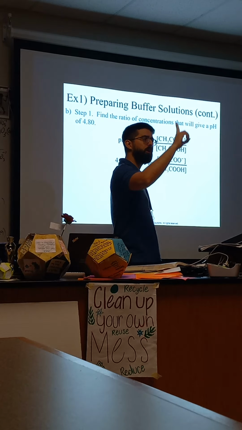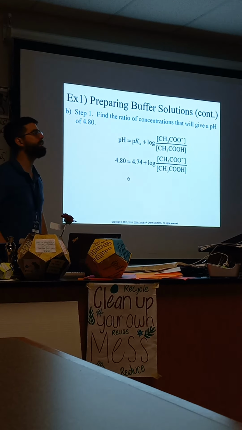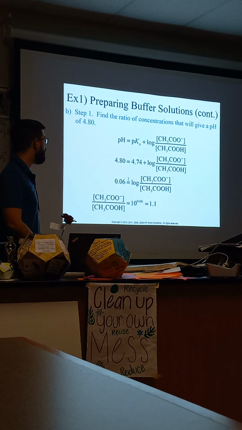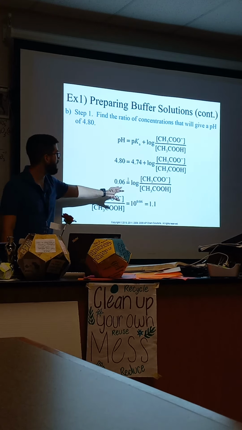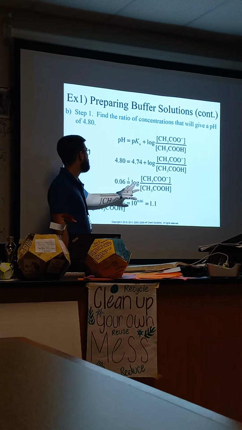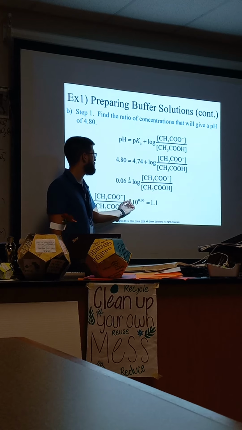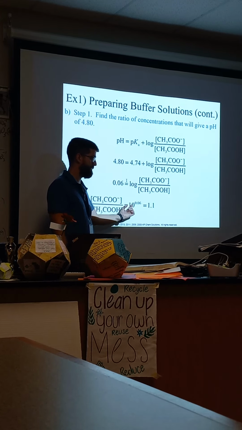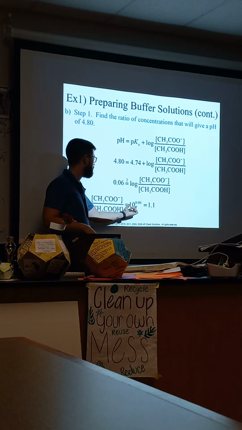And now, guys, can we solve for multiple variables? You can only ever solve for one variable. But what we could do is solve for a fraction. So when we have the log of this equals 0.06, we could take both sides as powers of 10, like 0.06 becomes a power of 10, right?